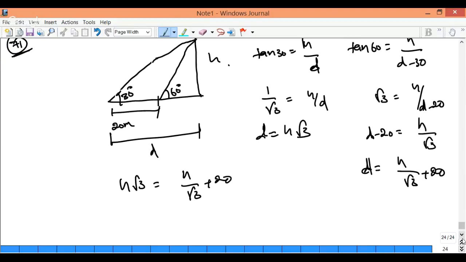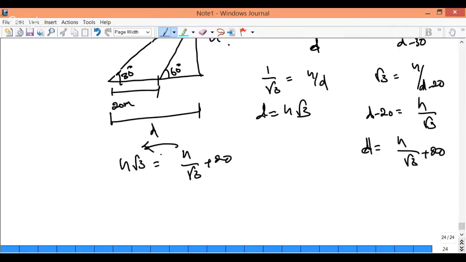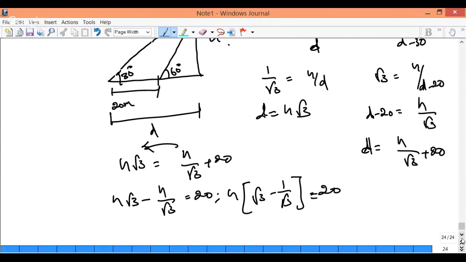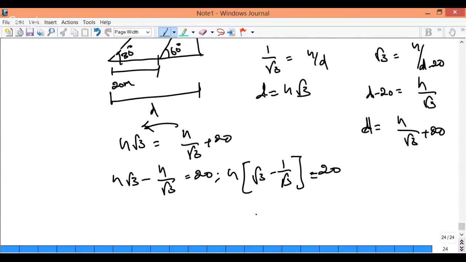Take h root 3 minus h by root 3 is equal to 20. Take h common. Root 3 minus 1 by root 3 is equal to 20 here. 2 by root 3 is equal to 20, so h is equal to 10 root 3, which will be your answer.